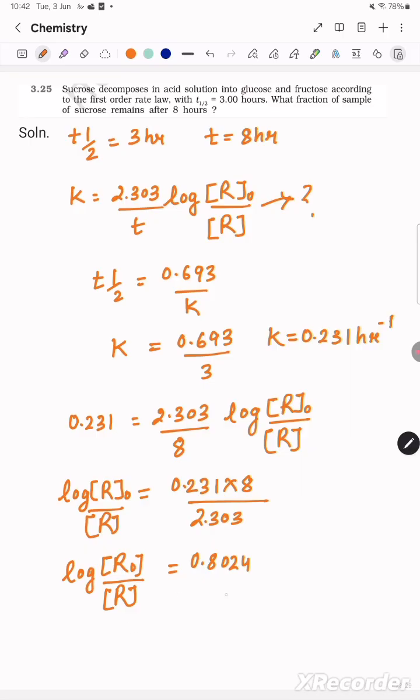Now this is the log value, and if we convert it, this will become anti-log of 0.8024.